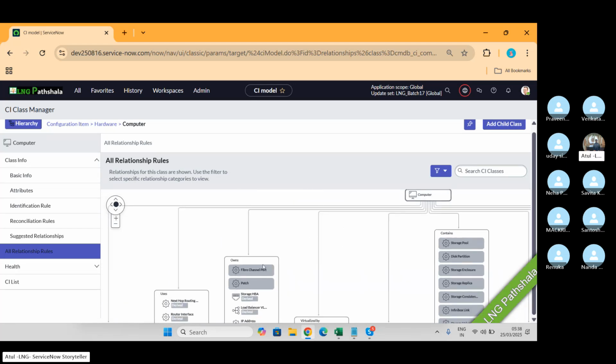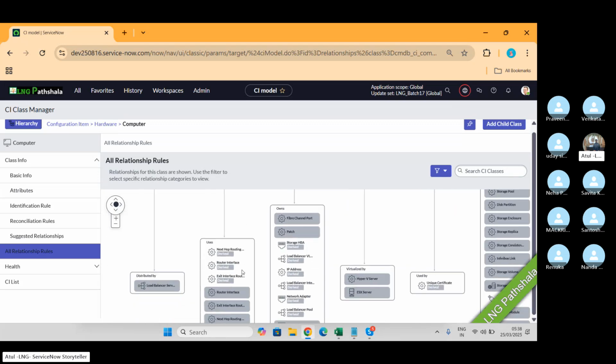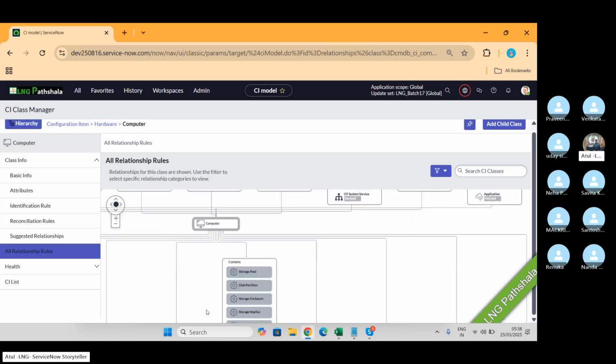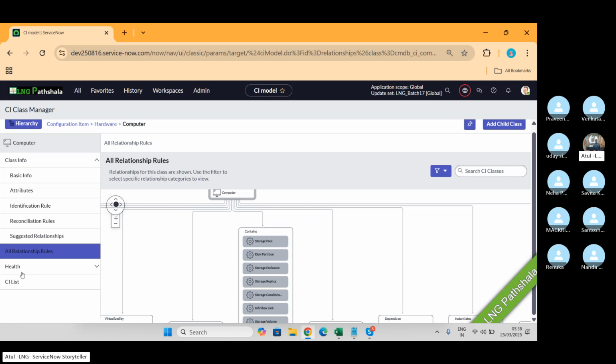A computer owns a fibre channel port. A computer uses a router. A computer is distributed by the load balancer. A computer is used by Unix certificates. So these all are the suggested relationships.